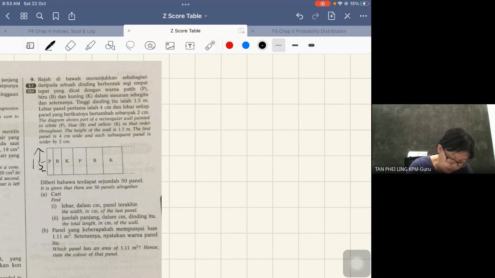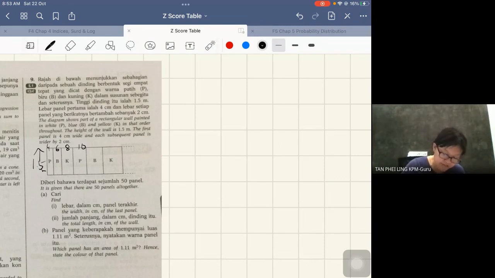And then the first panel is 4 cm wide. So here this is 4 cm wide. And each subsequent panel is wider by 2 cm. So 4 plus 2, 4 plus 2 plus 2. So it goes this way. Let me erase first and write properly. So this one is 4, 6, 8, 10. So it is subsequently wider by 2, but this is in cm.